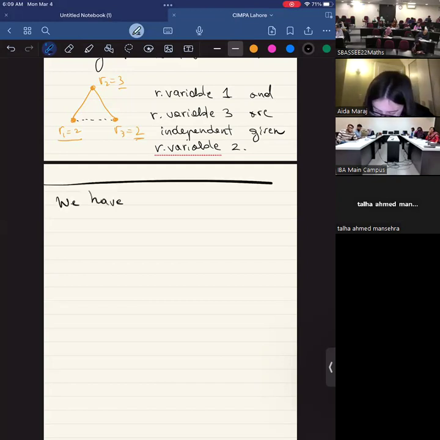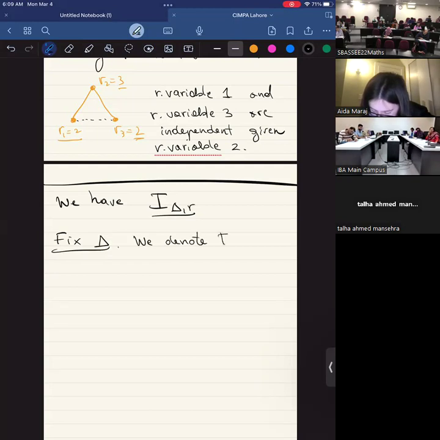Going back, we have this I delta R. Just to fix delta, and we denote for simplicity I delta R with just IR, because delta is always fixed.